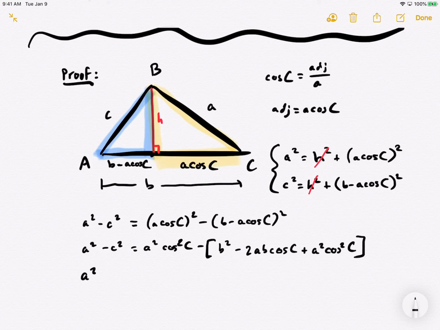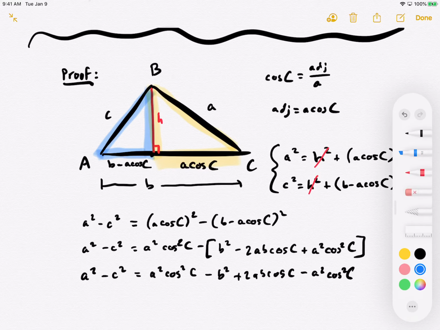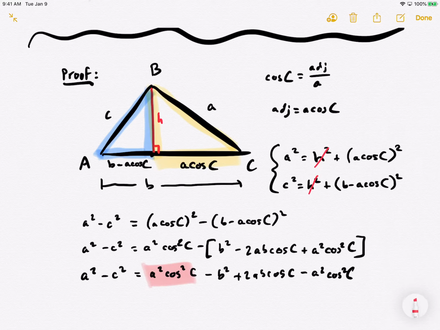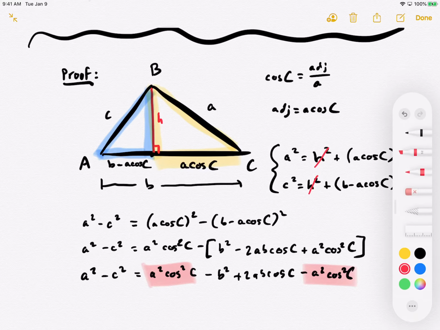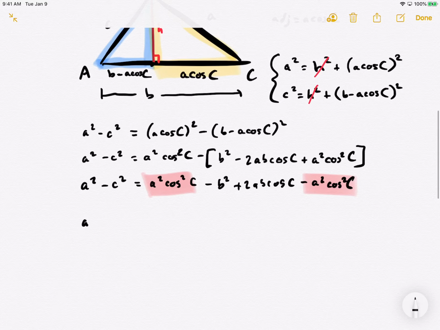Then I distribute that negative and hope things start to clean up a little bit. So you'll have a squared cosine squared c minus b squared plus 2ab cos c minus a squared cosine squared c. Okay, good. That shows me that I do have some cancellation with a positive and a negative a squared cosine squared c on both sides. So I get back to it, simplify it a little more.